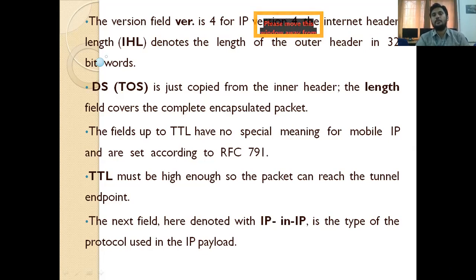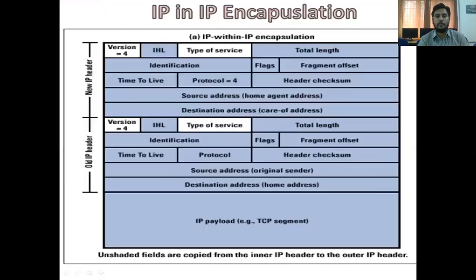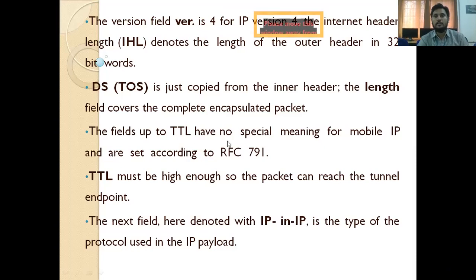The fields up to TTL have no special meaning for mobile IP and are set according to RFC 791. TTL means time to live. But TTL must be high enough so the packet can reach the tunnel endpoint.